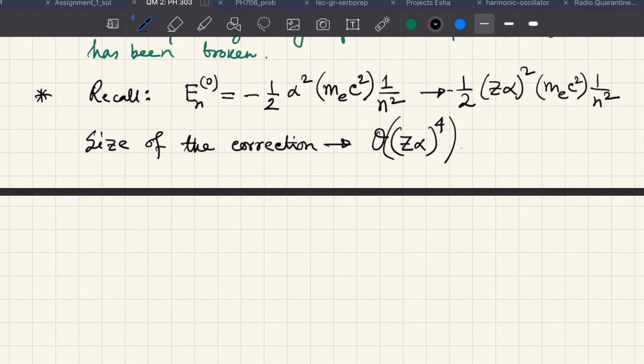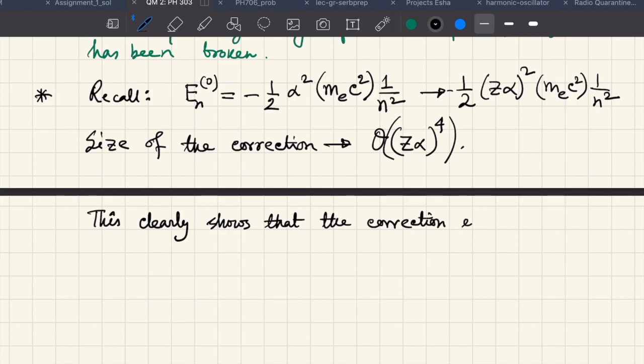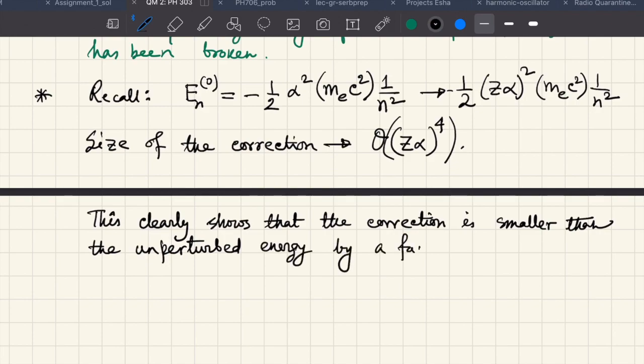So this clearly shows that the correction is smaller than the unperturbed energy by a factor of z alpha whole square.